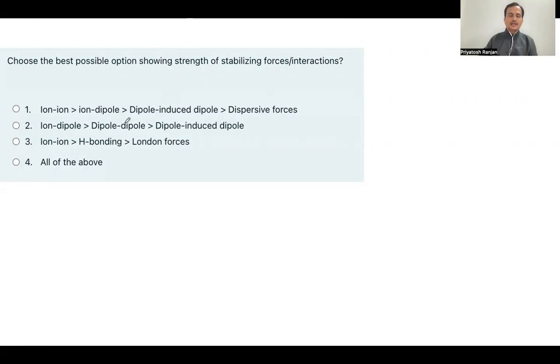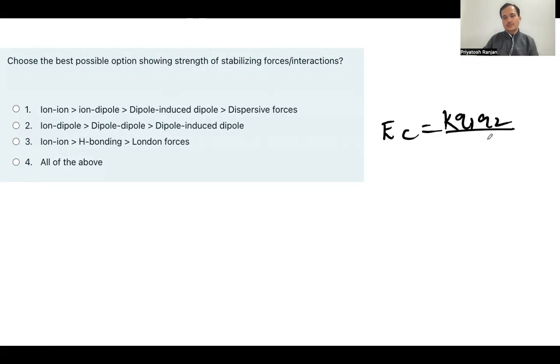So you might be aware of the electrostatic potential energy for these charges, be it for these interactions, be it ionic, ion-dipole, dipole-induced dipole, or dispersive forces. So the general formula is Q1, Q2, where these are the point charges.